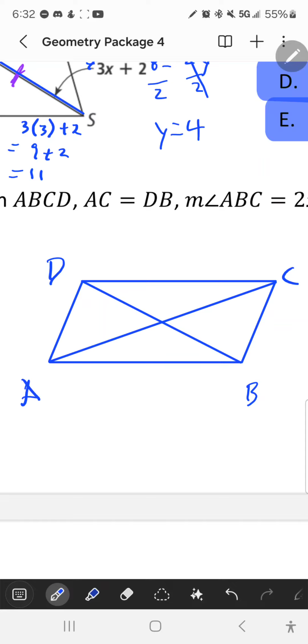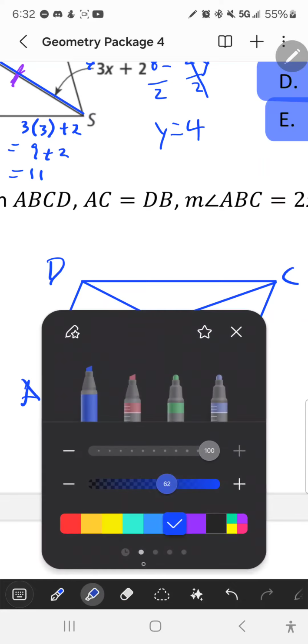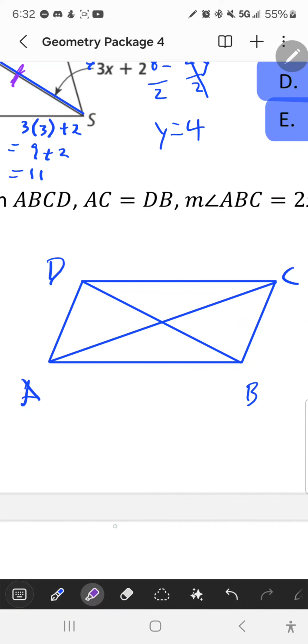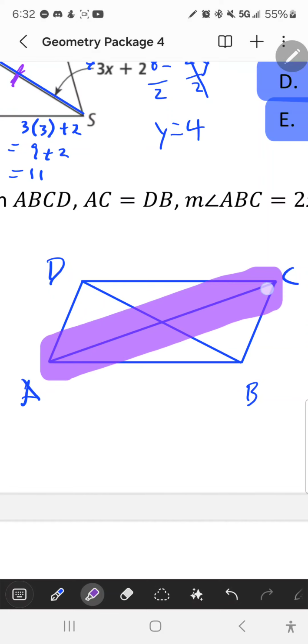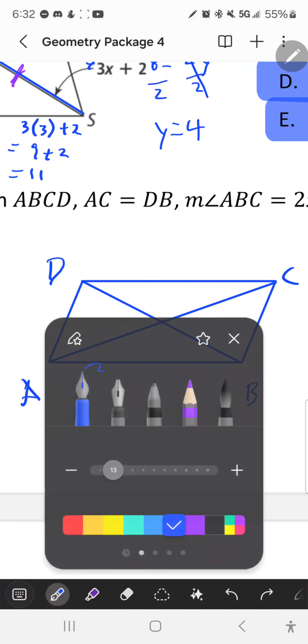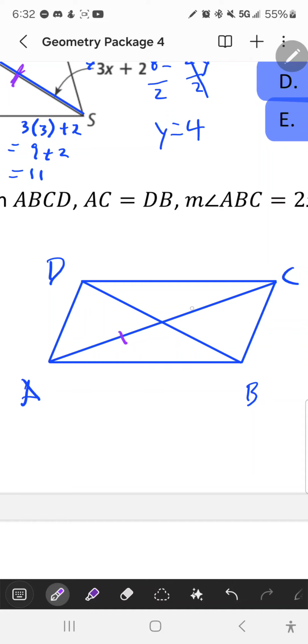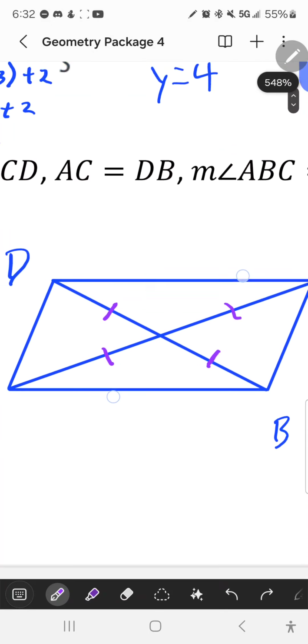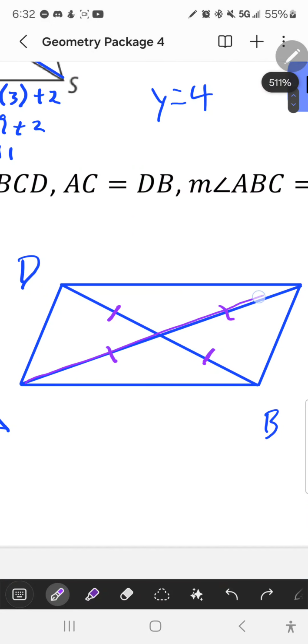Now it's saying that AC is equal to DB. So this side equal to this side. Therefore, since it is a parallelogram, this equal to this. And if these two are equal, this means that this is equal to this. They four are going to be equal. Why? Because this one is equal to this one.